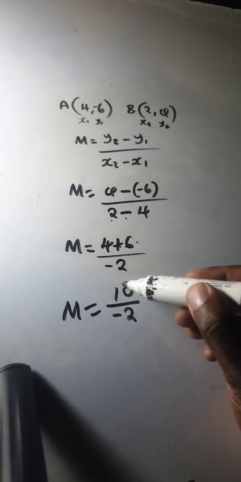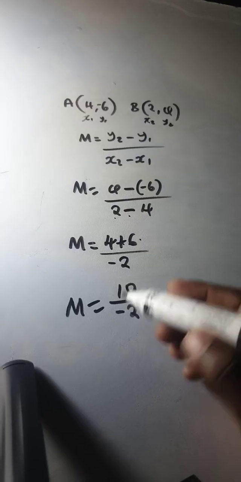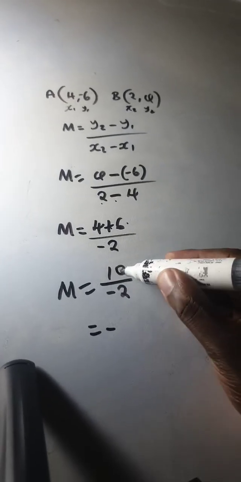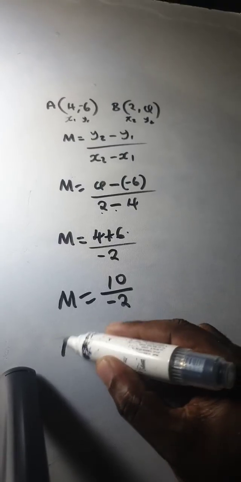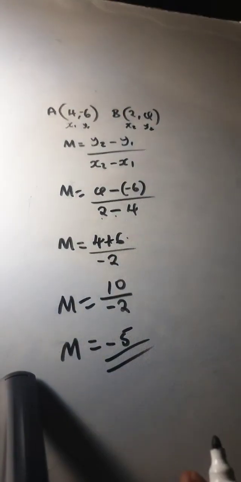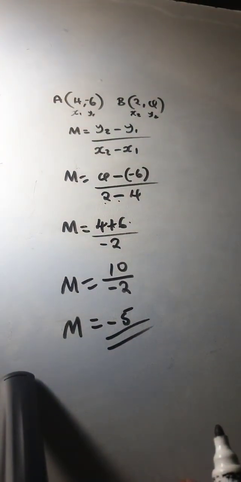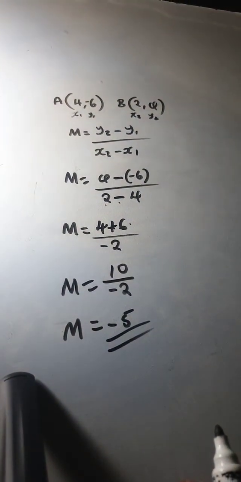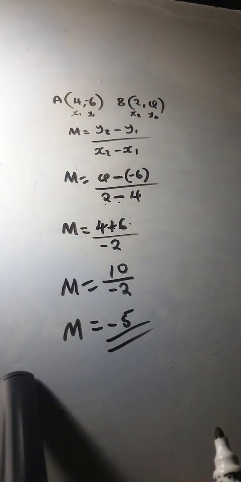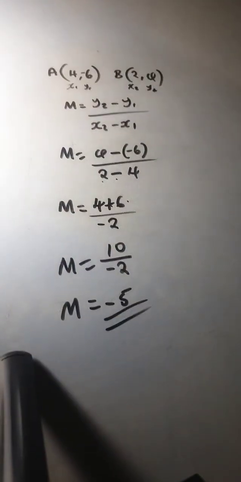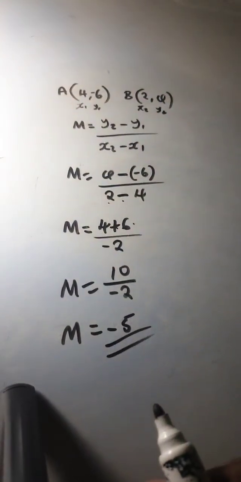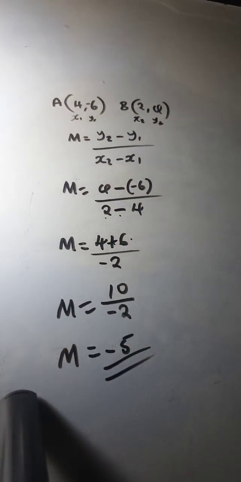So positive 10 divided by negative is negative. 10 divided by 2 is 5. So our gradient is -5. That's how you answer such a question, ladies and gentlemen.